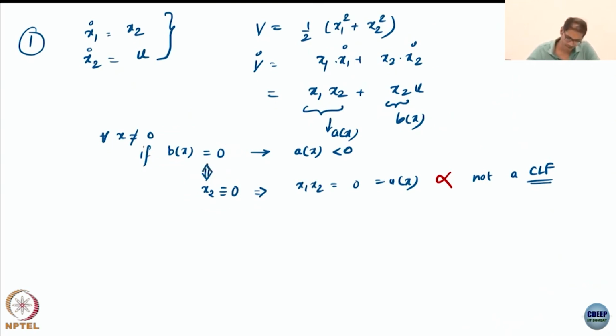There is no other way about it. Now I want A to be negative, but let me see what happens to A. A has x1 times x2. So whatever x1 is, it is irrelevant. Even for non-zero x1 this is 0, which means A is exactly 0, but I want A to be negative. So this is a problem. This function is not a CLF.